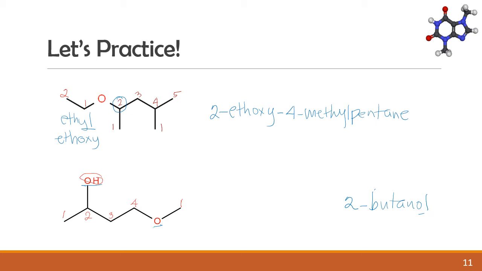Now the right side of oxygen is a 1-carbon atom called methyl. To change the name to ether, we simply replace il with oxy. So this is methoxy. Methoxy is attached to the butanol at carbon 4. So we add 4 here to complete the name of this compound, which is 4-methoxy-2-butanol.